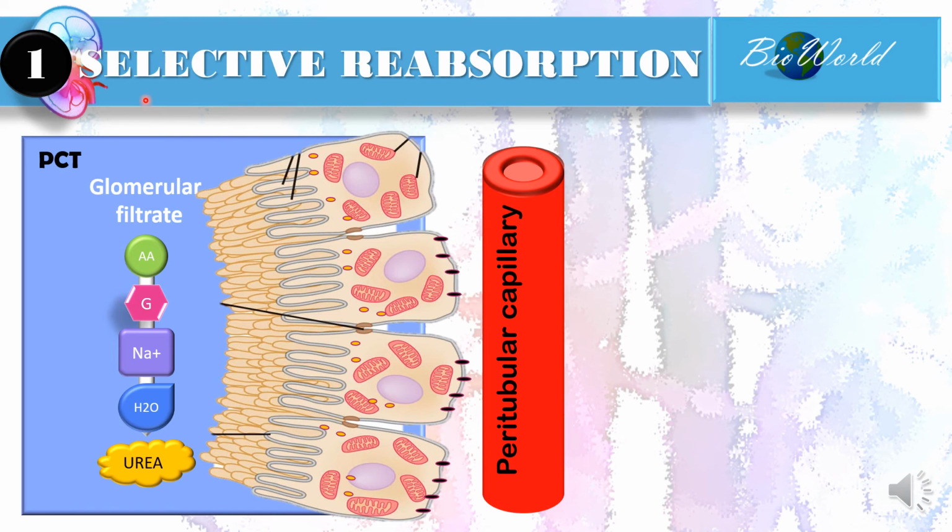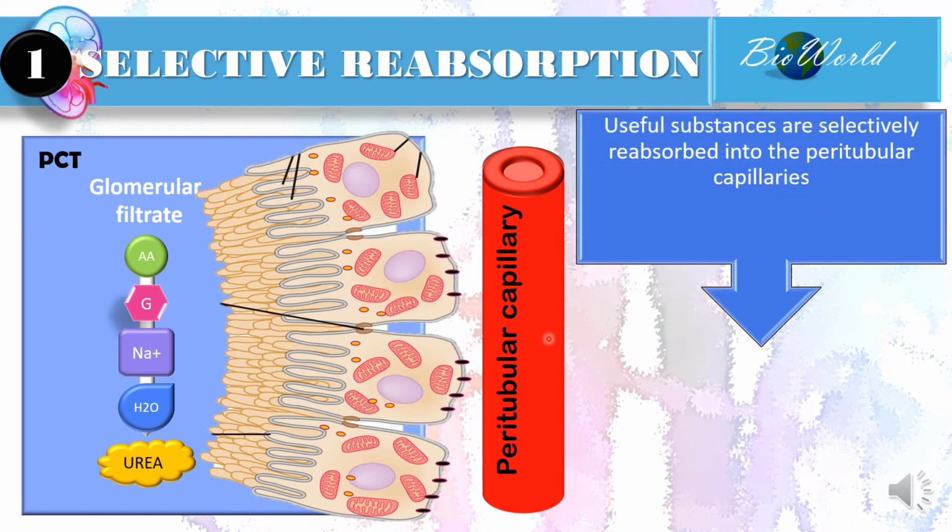Now, the objective of selective reabsorption is to reabsorb useful substances from the glomerular filtrate back into the blood found in the peritubular capillaries. To help in the process of reabsorption, we have the simple cuboidal epithelial cells.